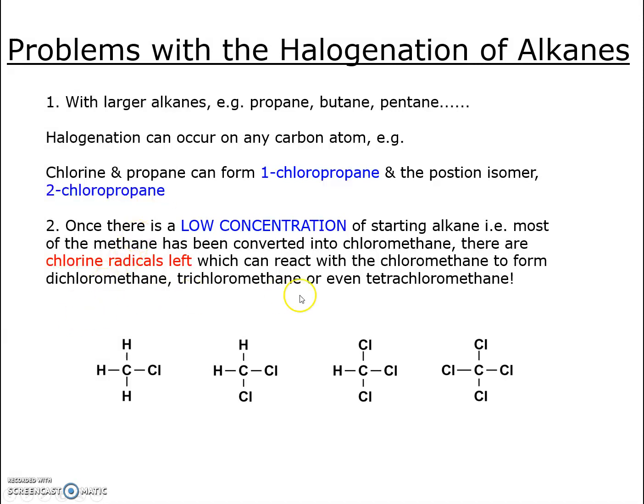However, even with the simple alkanes such as methane, once there's a low concentration of the starting alkane, i.e. most of that methane has been converted into chloromethane, there are still chlorine radicals left over. They are highly reactive, high energy species. They need to react, and as a consequence they will go through the propagation steps to form dichloromethane, trichloromethane, and even tetrachloromethane. You see similar problems with the longer chain alkanes too.